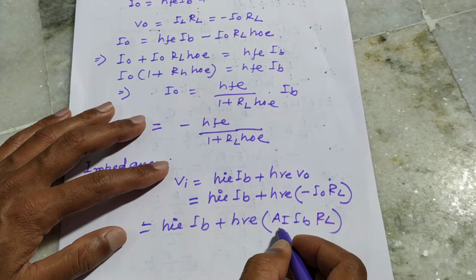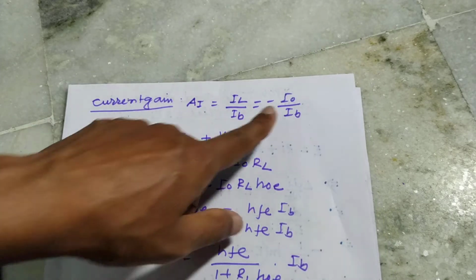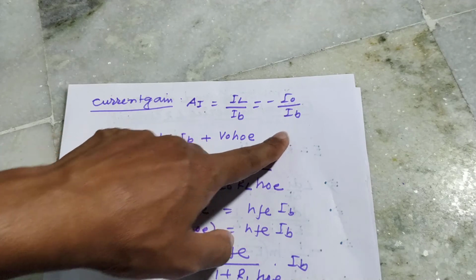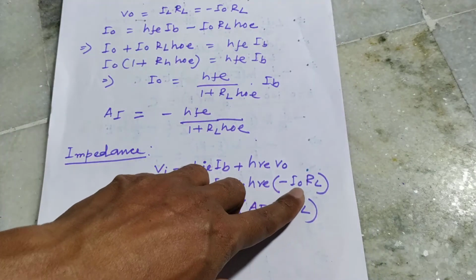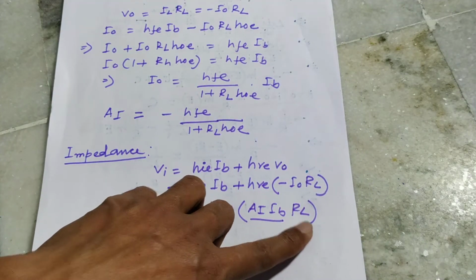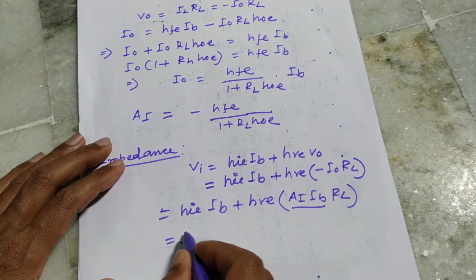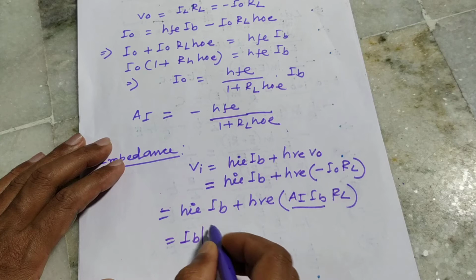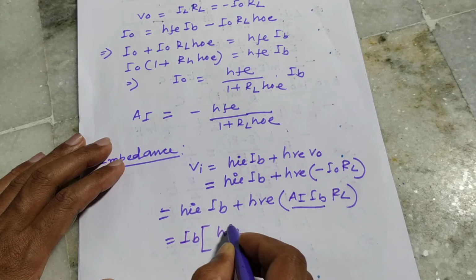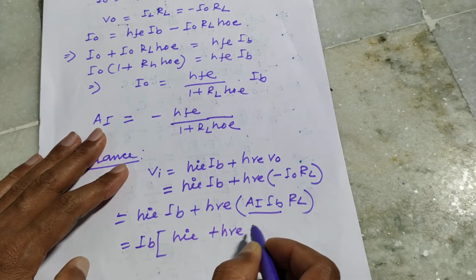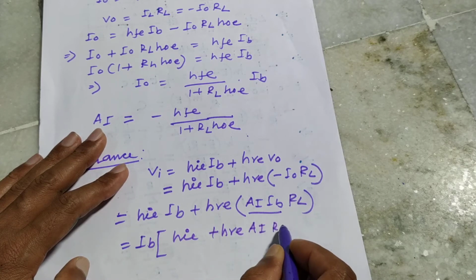So we can write in the position of minus I0, AI into IB into RL. So if we take common IB, then it will be HIE plus HRE plus AI into RL.